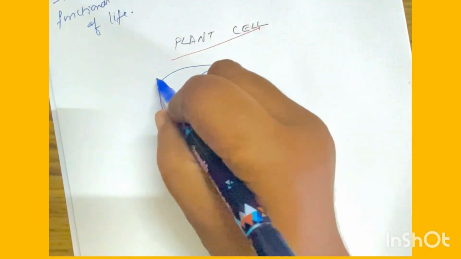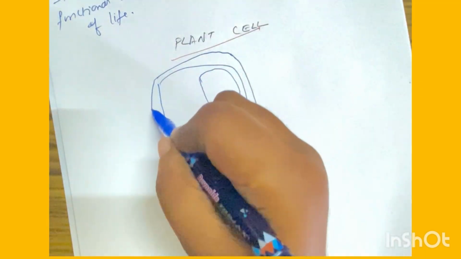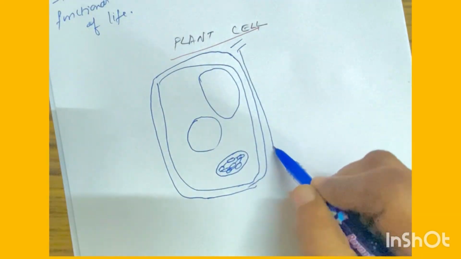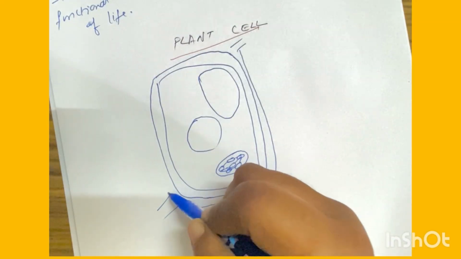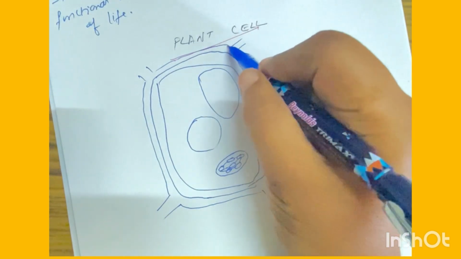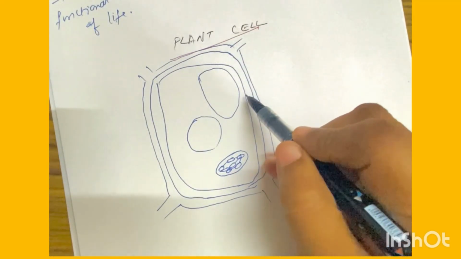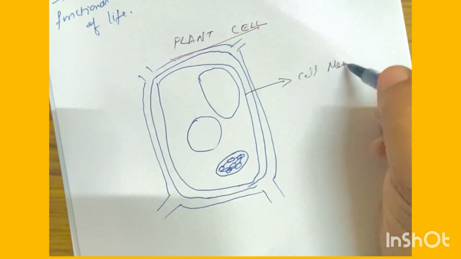And of course, the major part is one more protective layer in a cell, the cell wall, which every plant cell has. Now this is the basic plant cell. Help me out, label it again. This becomes your cell membrane.